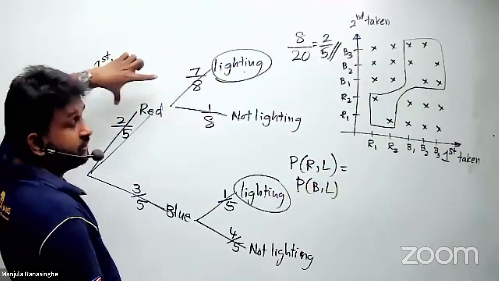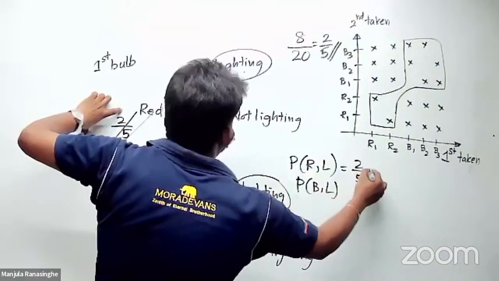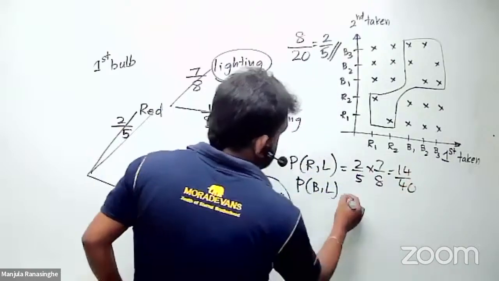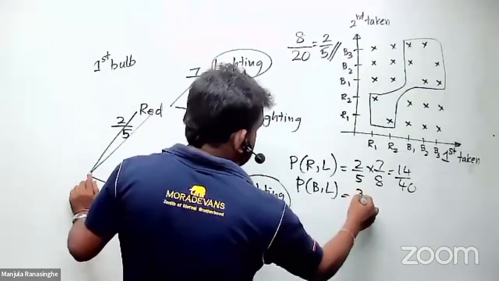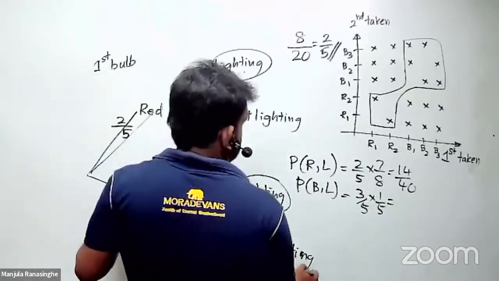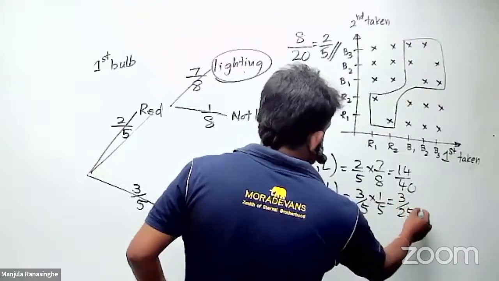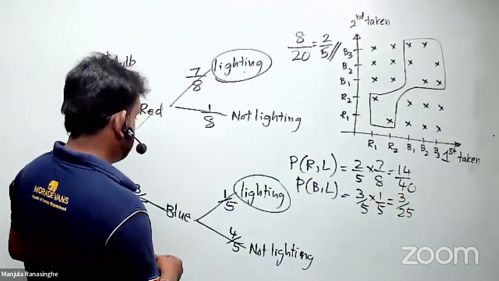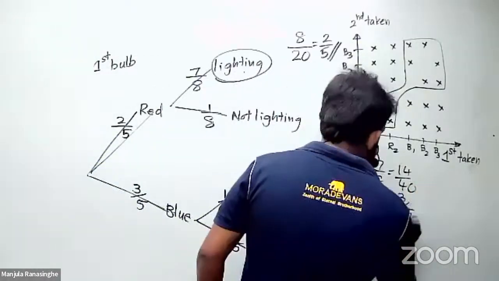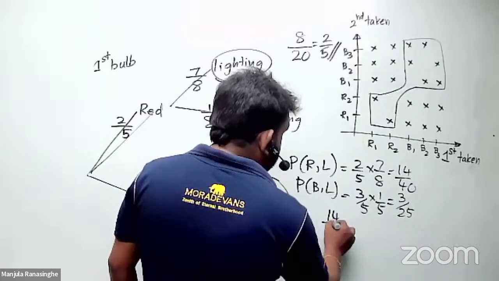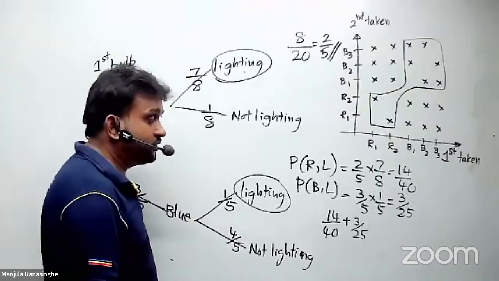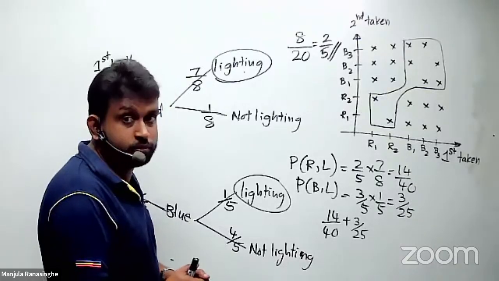Multiply these branch probabilities. So 2/5 into 7/8, and I'm getting 14/40. Here also 3/5 into 1/5. So here becomes 3 into 1, 3/25. Right. Then what they can do, they are having not similar denominators. 14/40 plus 3/25. එහෙනම් අපිට 200ට හරවන්න පුළුවන් denominator එක.